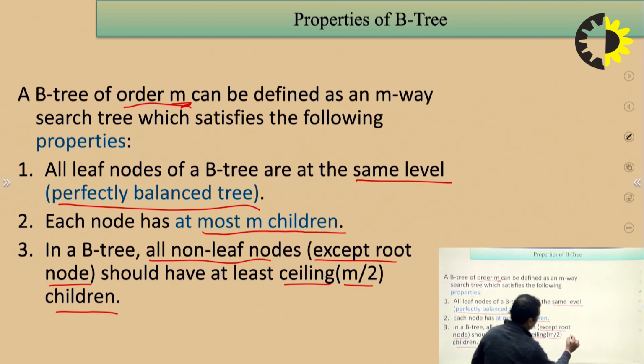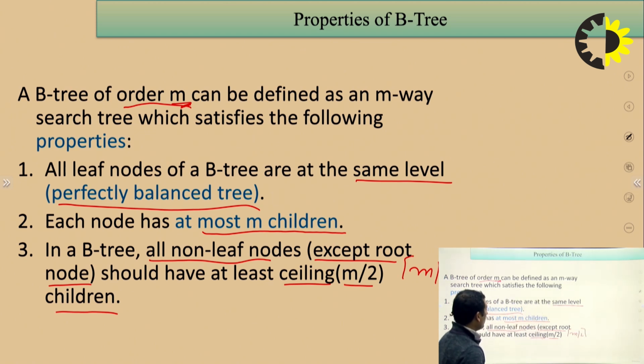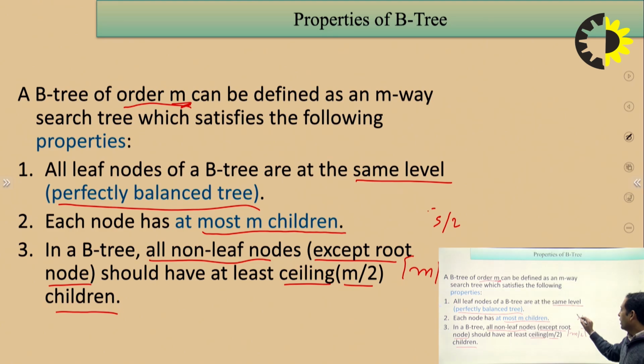This means internal nodes except the root node have at least m by 2 children. For example, if the order m is 5, then an internal node except the root node can have at least this number of children.